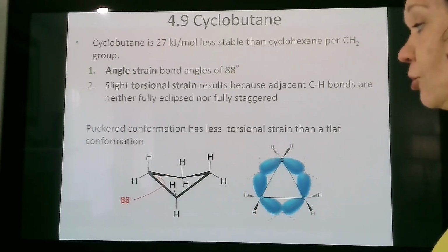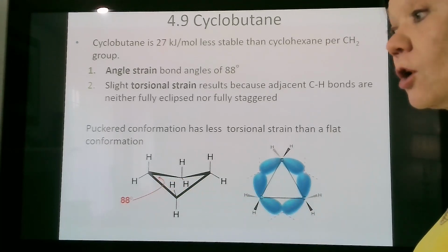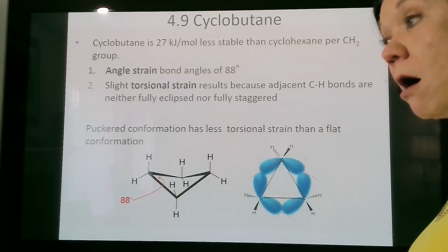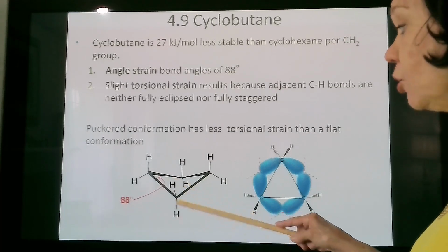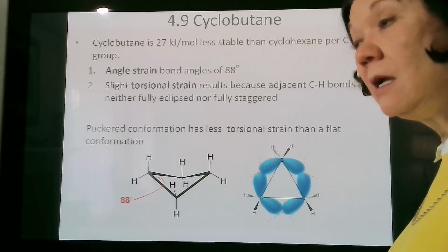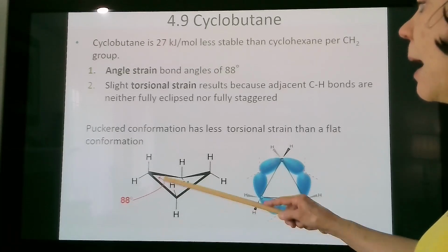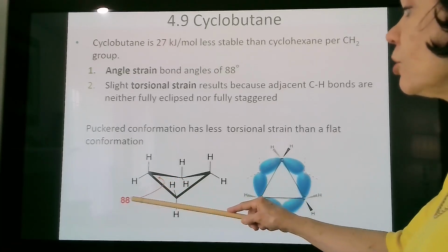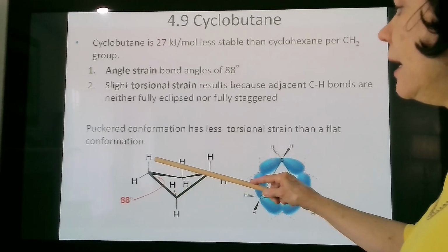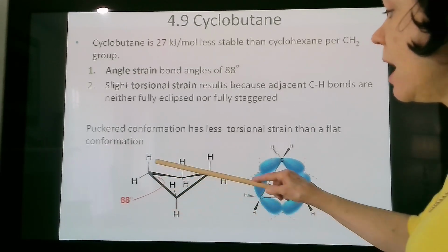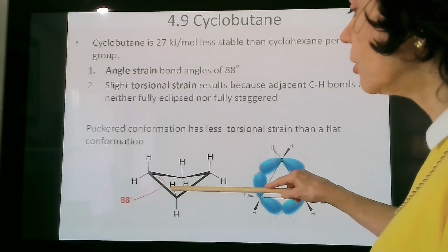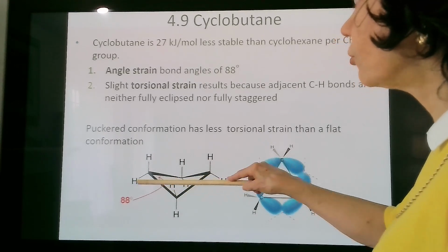So this is an sp3 hybridized carbon. It should be 109. If this molecule were totally flat, it would be 90, which is a distortion and gives it severe angle strain. But it incurs additional angle strain in order to avoid having these eclipsing interactions between the CH3.